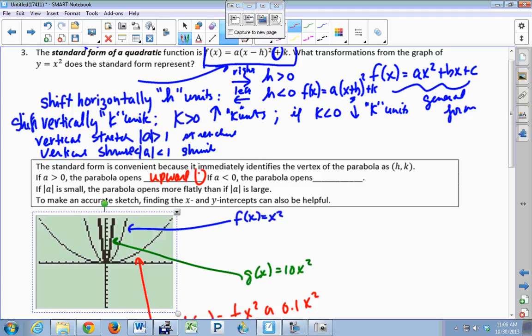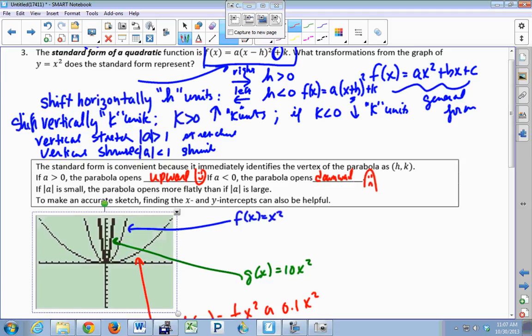It's a happy parabola. When you're positive, you're usually happy. And when you're negative, you're usually not feeling very good. You're sad. It opens downward. And if the absolute value of A is small, a fraction, the parabola opens up wider, more flatly than when the absolute value of A is a large number.